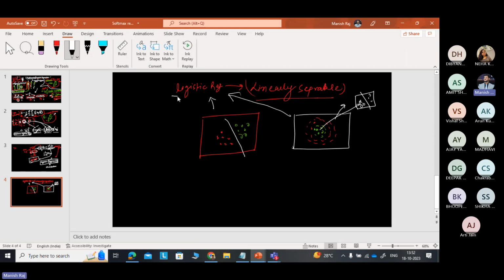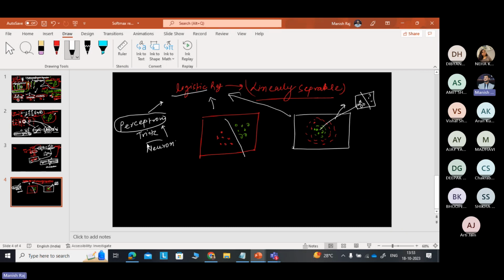When I started logistic regression, I told you about the perceptron trick. So this perceptron is coming again. The perceptron comes from something biological. You can say that is the neuron.